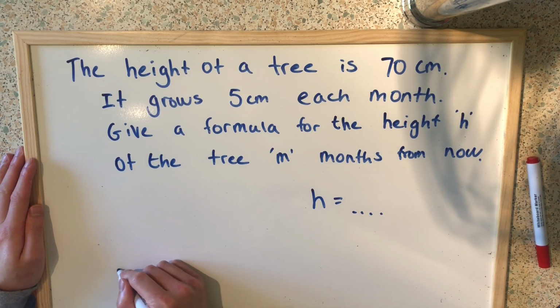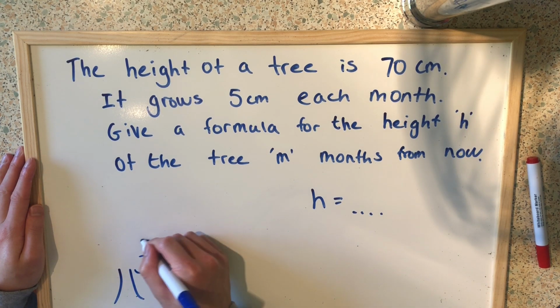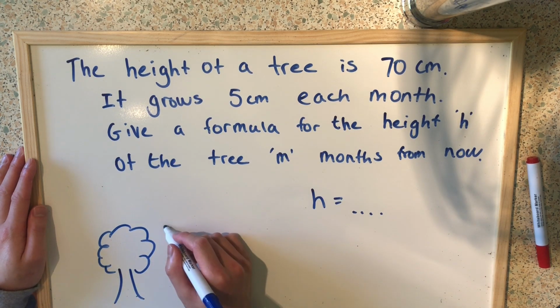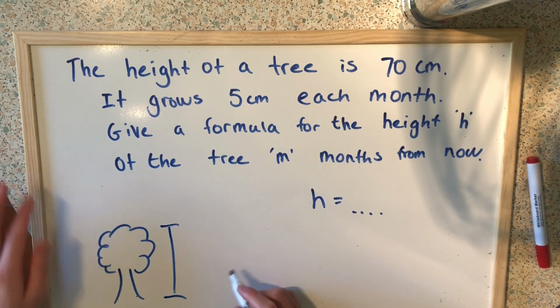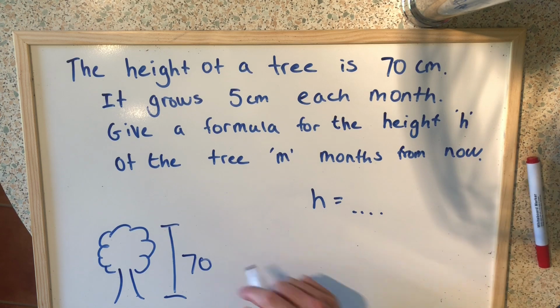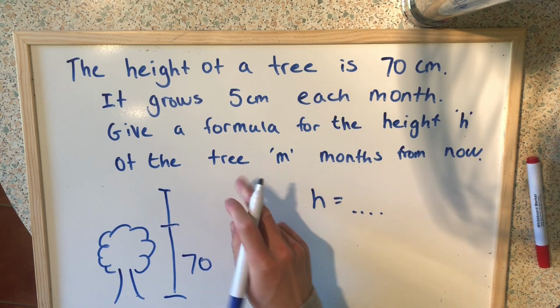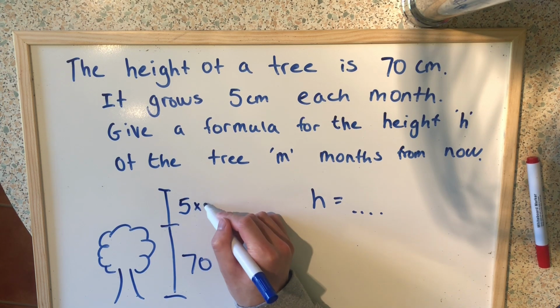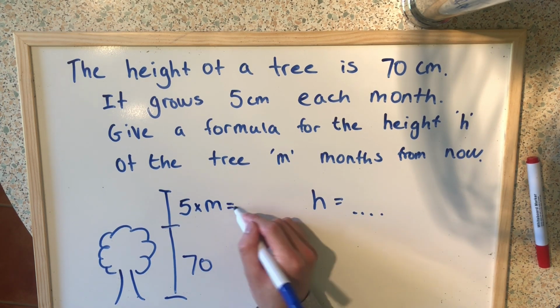So if I draw a quick diagram of a tree, like that, and this tree is currently 70 centimeters tall, 70, and m months down the line it will grow 5 centimeters per month, so that's 5 times m, and we can say that's 5m.